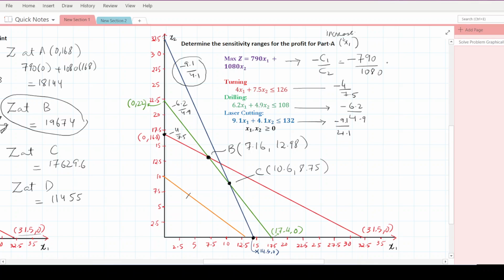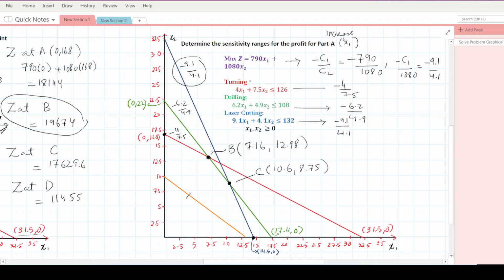So for finding the sensitivity range of the coefficient of x1, they will write minus c1 by 1080 equal to the slope of the steepest constraint, that is minus 9.1 by 4.1. Now, this is a mistake.